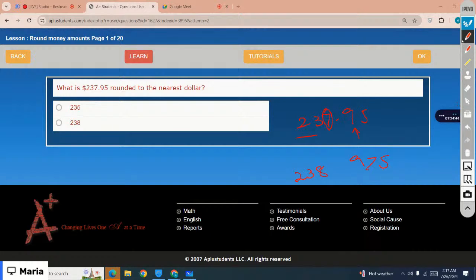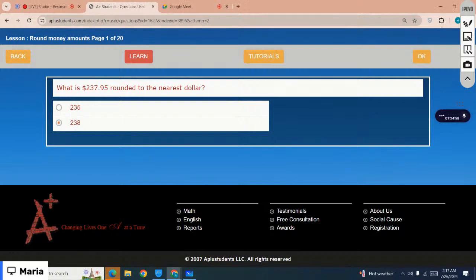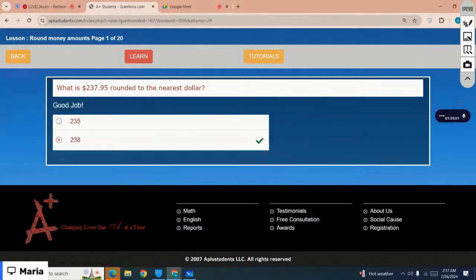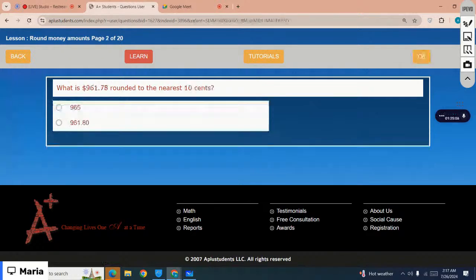Okay, let's just move on to the next one. Okay, the next one is, what is 961.78 rounded to the nearest 10 cents? So which is the correct option?